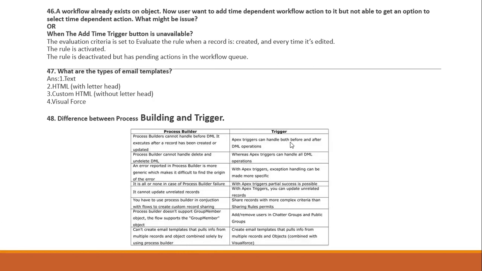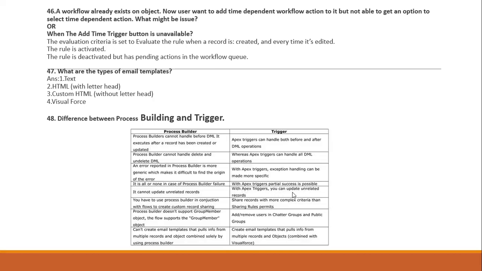Apex triggers can be handled both before and after DML operations, and Apex triggers can handle all DML operations. With Apex triggers, exception handling can be made more specific. With Apex triggers, portal success is possible.